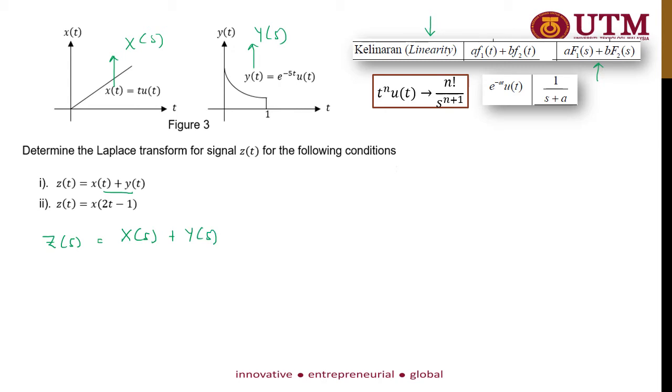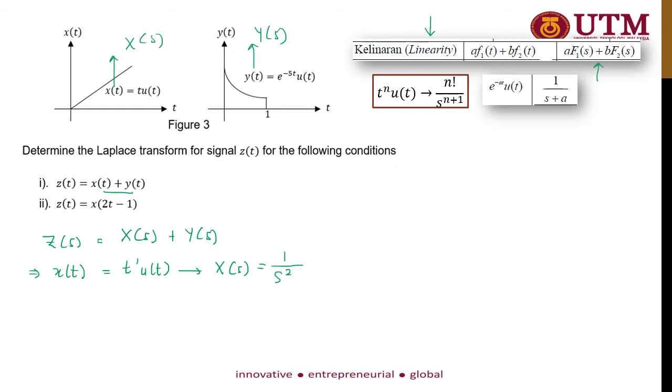So what is your X(s)? x(t) equal to t to the power of 1 u(t). You know from the table, t to the power of n u(t) will have n factorial divided by s to the n plus 1. Therefore, your X(s) equal to 1 factorial, equal to 1, over s to the 1 plus 1, equal to 2.